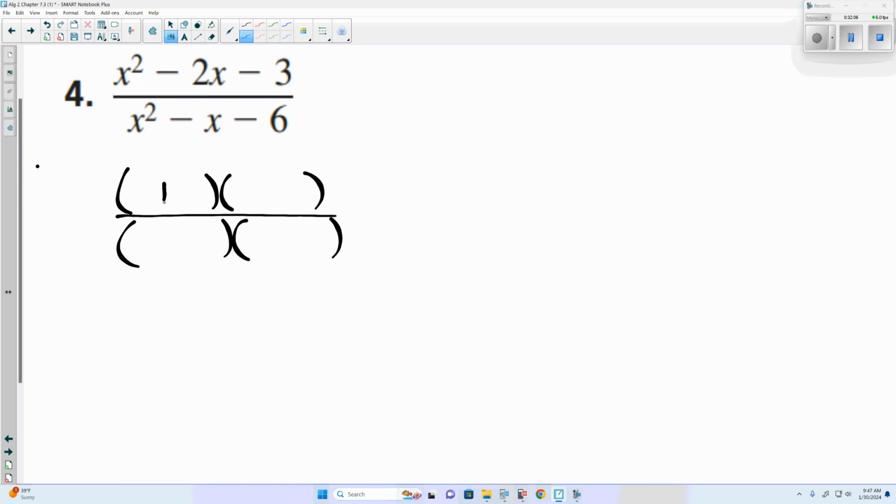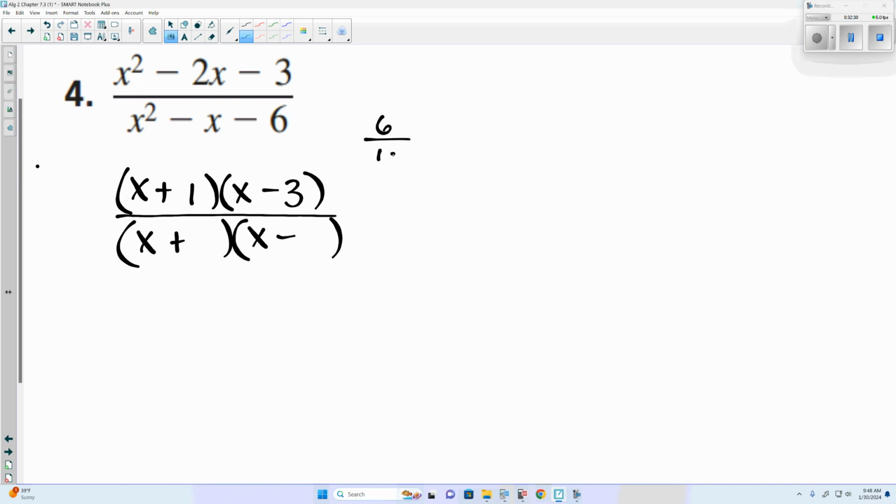So if we do the numerator, we would indeed have opposite signs because 3 is negative. Factors of x and x. There's no other factors of 3, and it does work out to be x plus 1 and x minus 3. The denominator would have opposite signs. X and x.